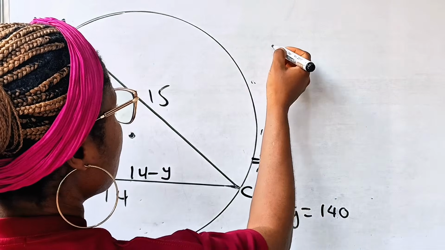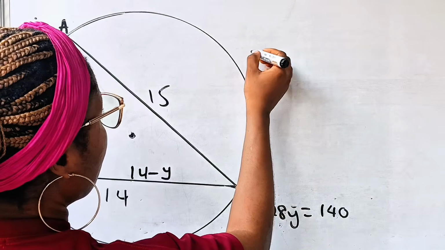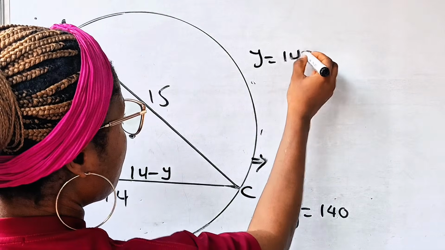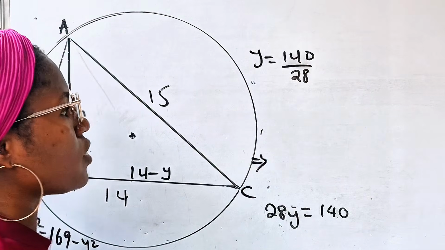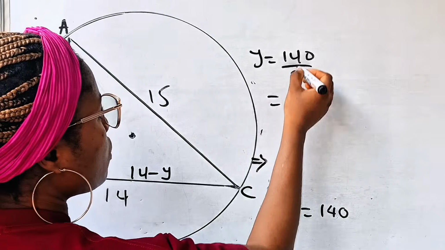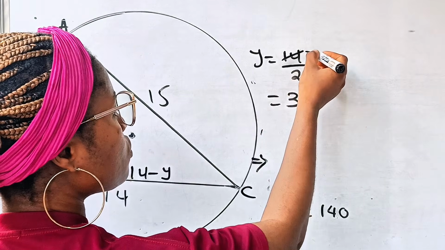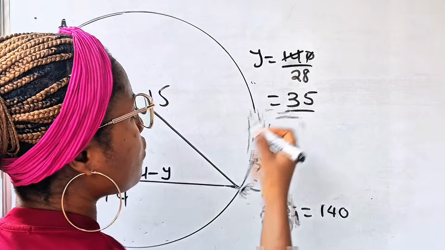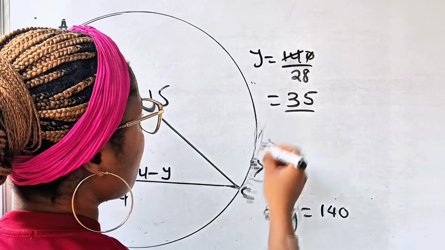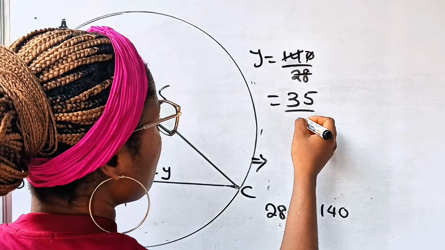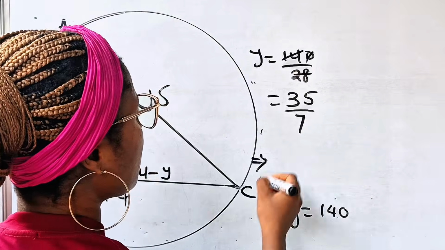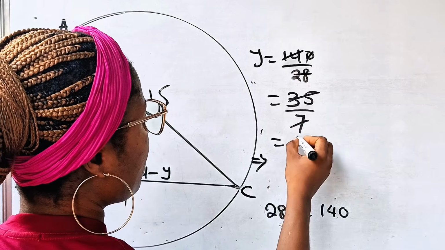Okay, so to get our y, it will be 140 divided by 28. When 4 divides 14, we have 3 remainder 2. If we divide 20, we have 5. If we divide 28, we have 7. Now 7 into 35 is 5.